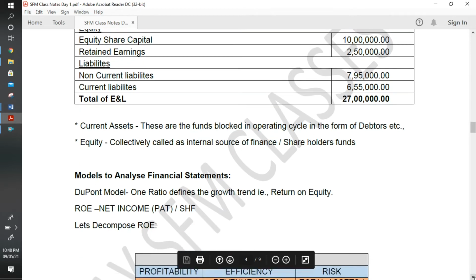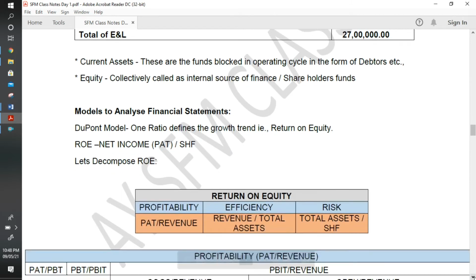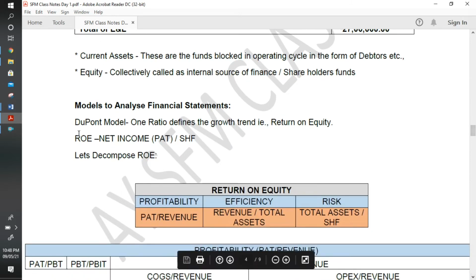So, I am taking you through the DuPont model, which basically decomposes the components of a company's return on equity, which is known as ROE. It allows an investor to determine what financial activities are contributing most to the changes in return on equity.